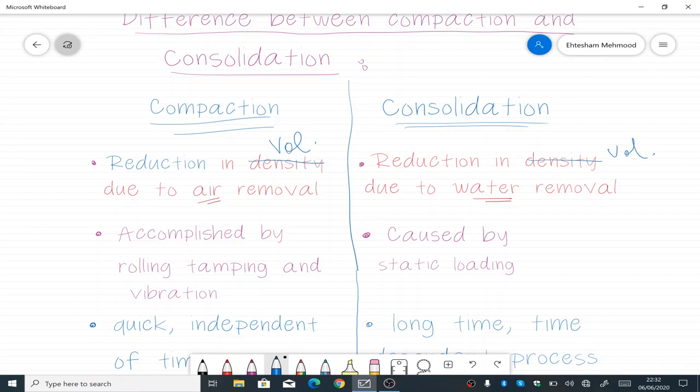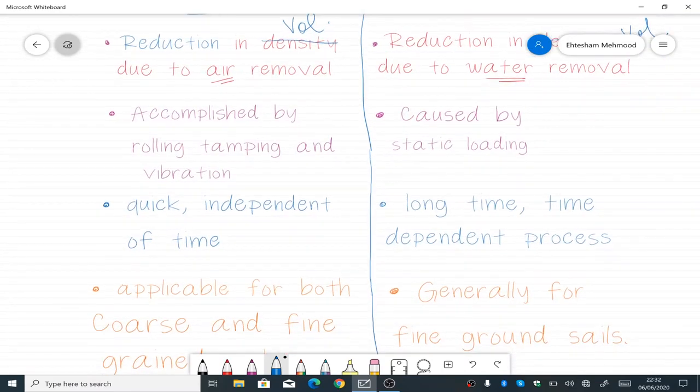The reduction in volume in compaction is brought about by removal of air, whereas in consolidation, the reduction is brought about by the removal of water. Compaction is accomplished by rolling, tamping, and vibration, whereas consolidation is caused by a static load or a structure that we have built.